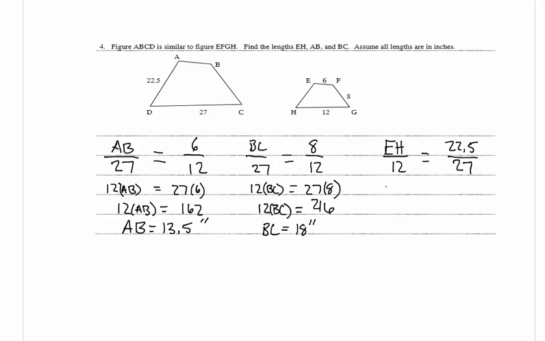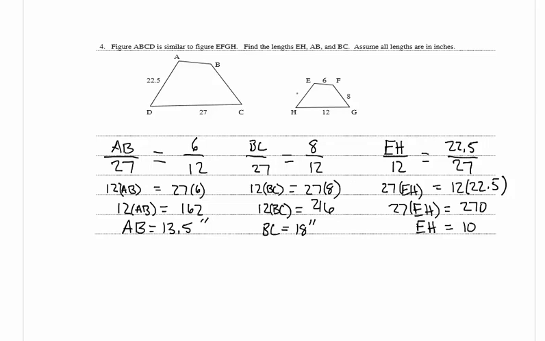So I'm going to cross multiply, and 27 EH is equal to 12 times 22.5. 12 times 22.5 is equal to 270. So I have 27 EH is equal to 270. And then we're going to divide both sides by 27, and we get EH is equal to 10.